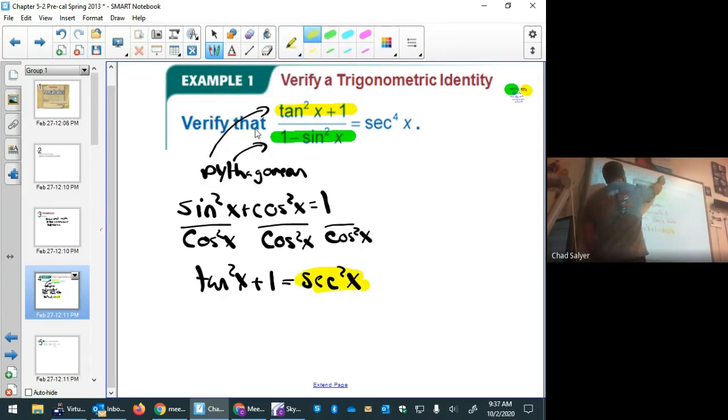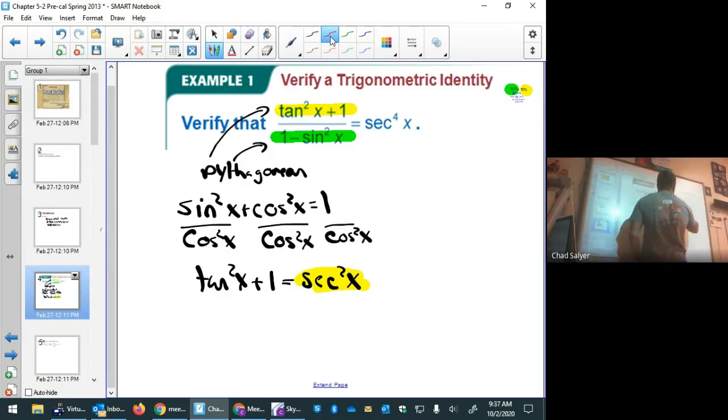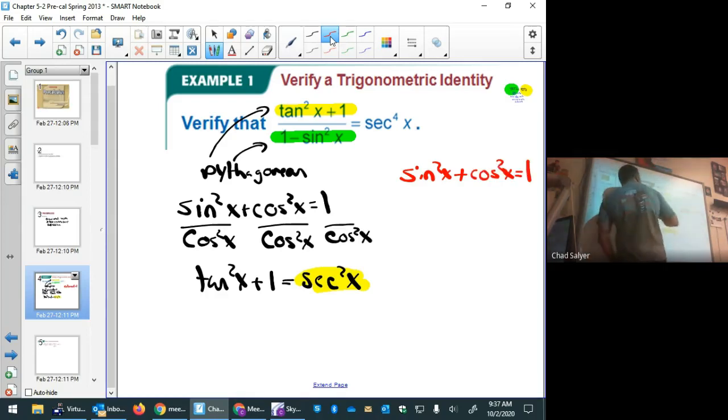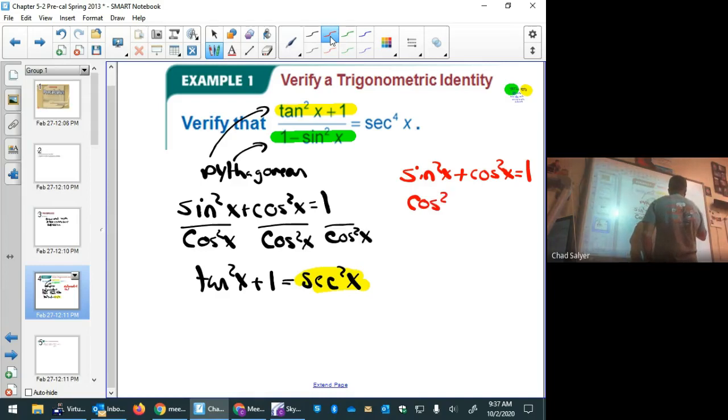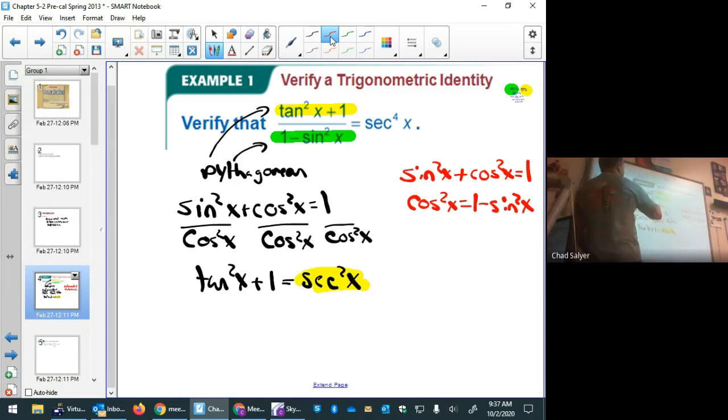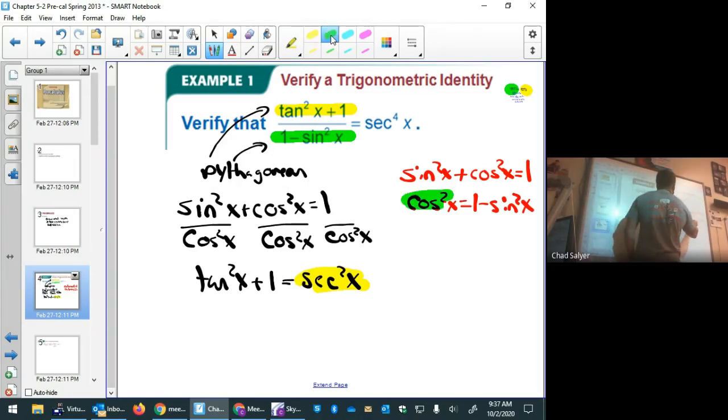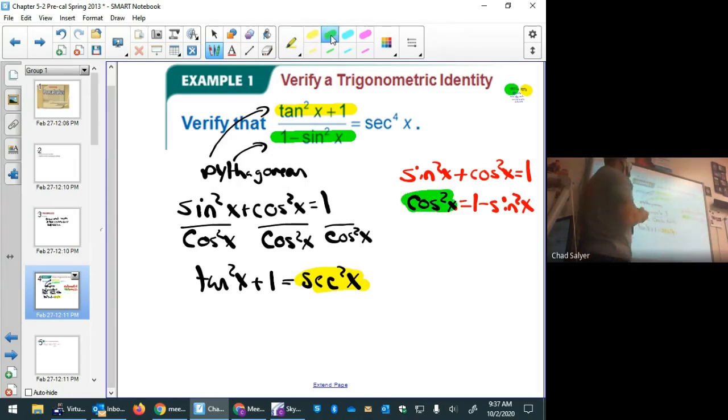And then that denominator, if I subtract sine squared x from each side, I get this result, and I see that I can rewrite that denominator as cosine squared x.